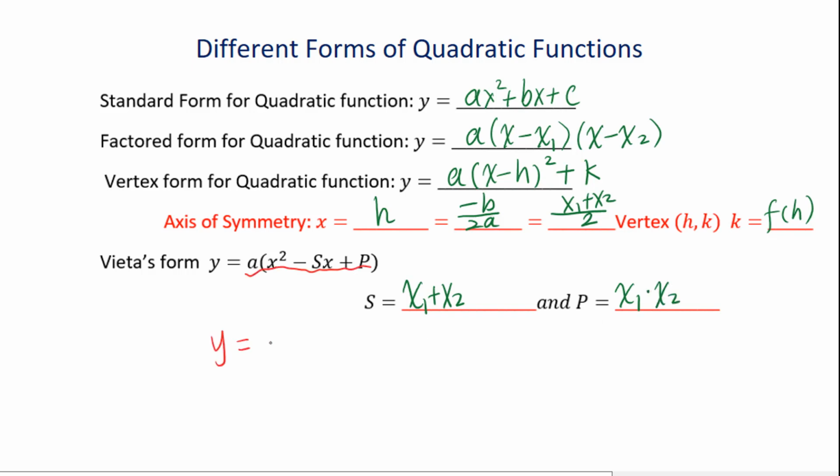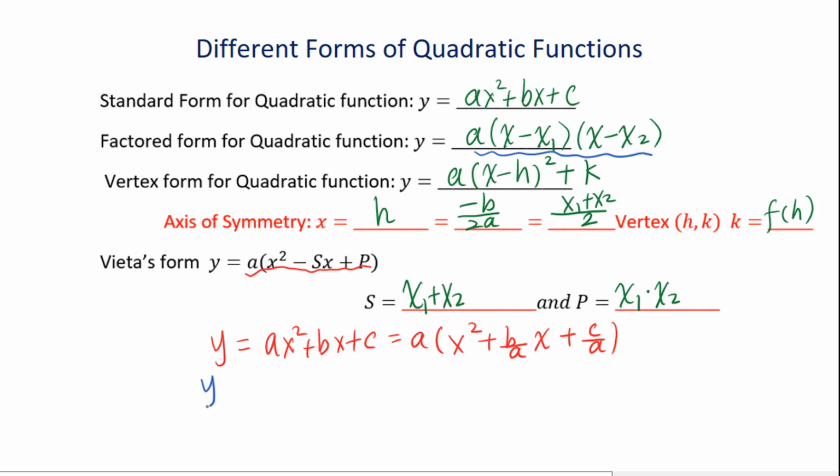Take y equals ax squared plus bx plus c. Let's take a out. You will get x squared plus b over a x plus c over a. For factored form, y equals a times (x minus x1) times (x minus x2). Let's expand it.